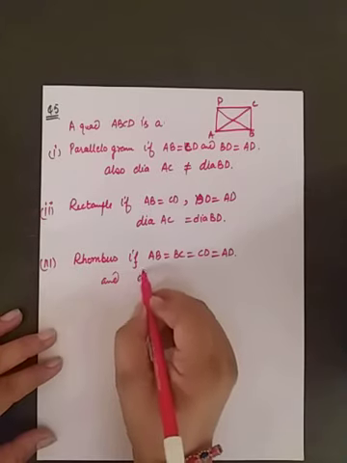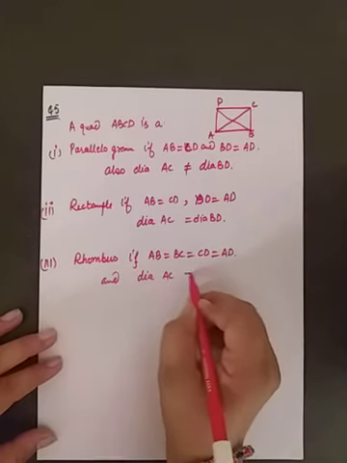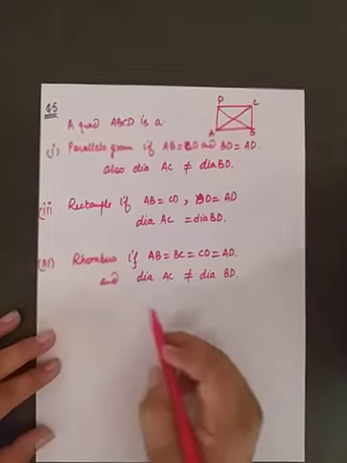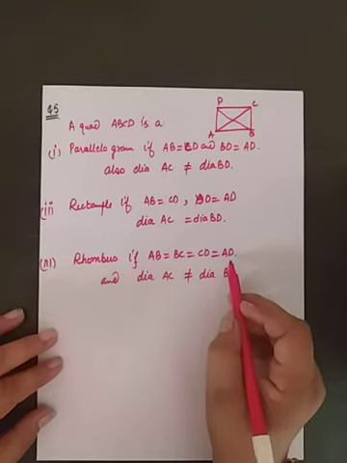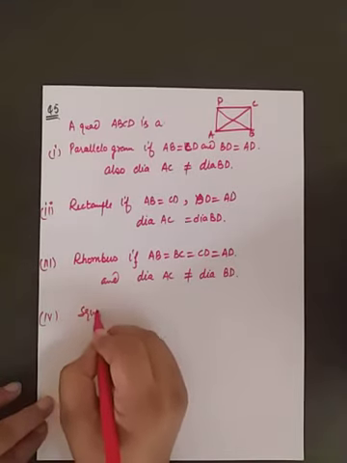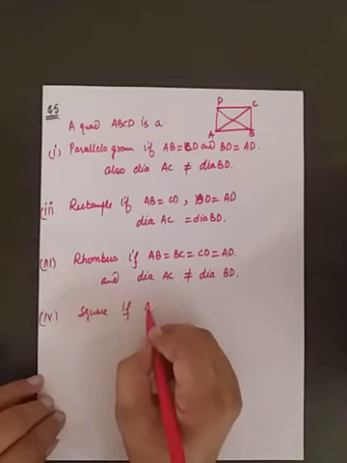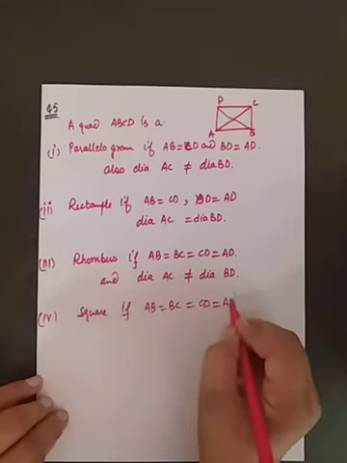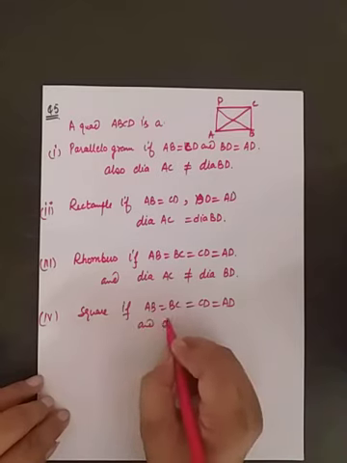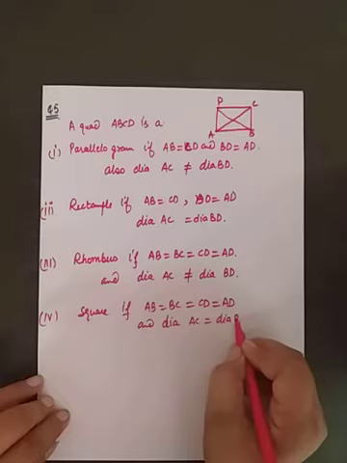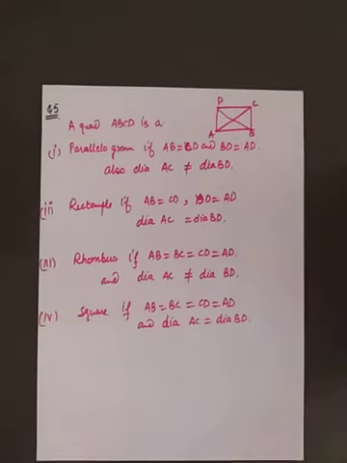And what about the diagonals? Diagonal AC is not equal to diagonal BD, meaning when the diagonals are not equal but all sides are equal, then it is called a rhombus. And it will be a square if AB is equal to BC is equal to CD is equal to AD and diagonal AC is also equal to diagonal BD, then it will be a square.